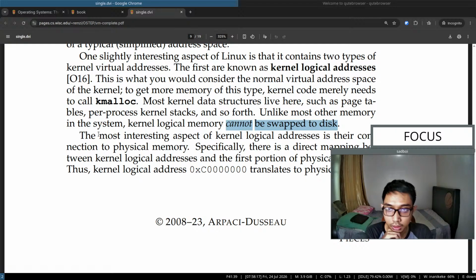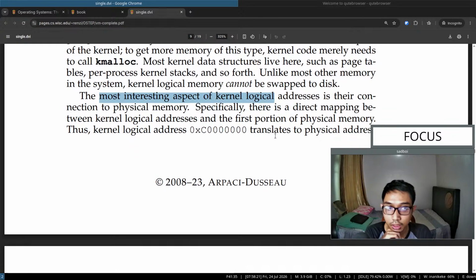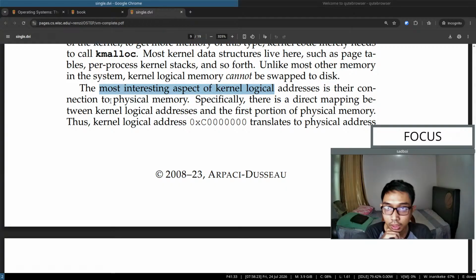The most interesting aspect of kernel logical addresses is their connection to physical memory. Specifically, there is a direct mapping between kernel logical addresses and the first portion of physical memory.